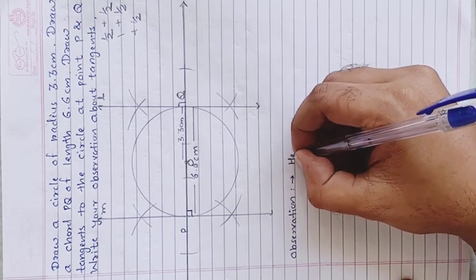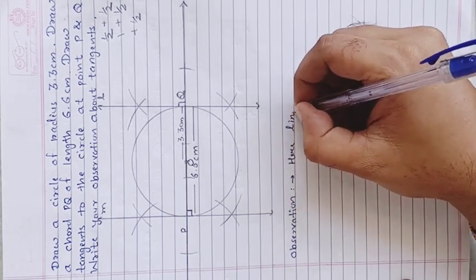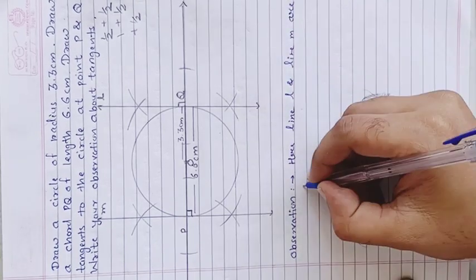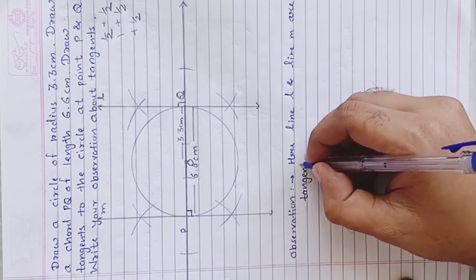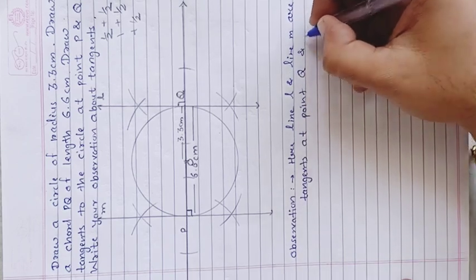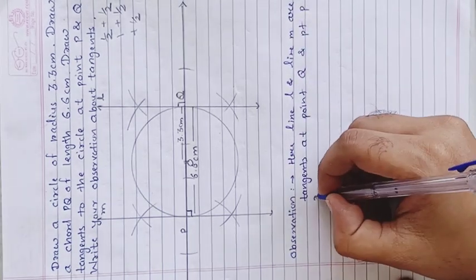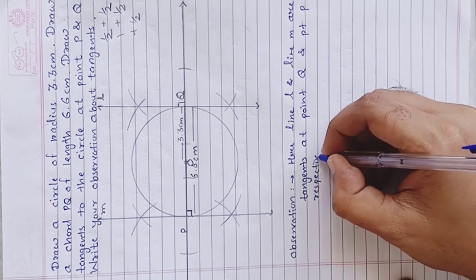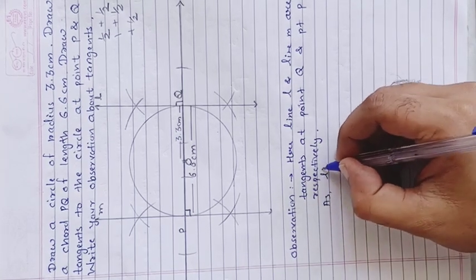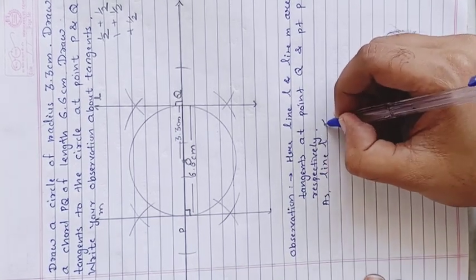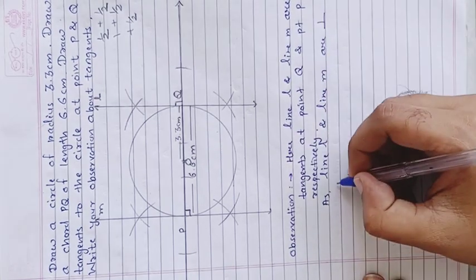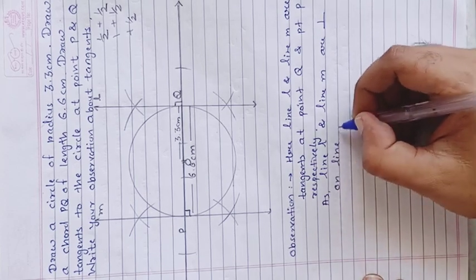So I'll write here line L and line M are tangents at point Q and point P respectively, as line L and line M are perpendicular on line PQ.